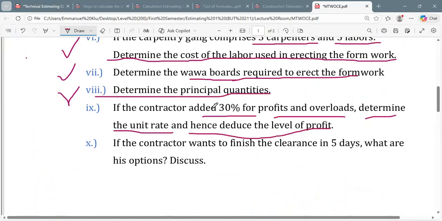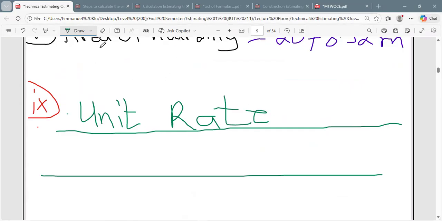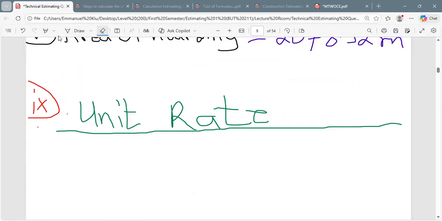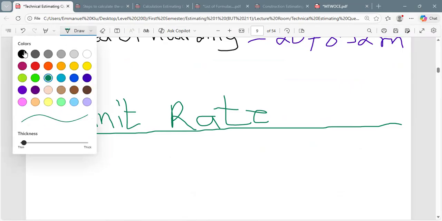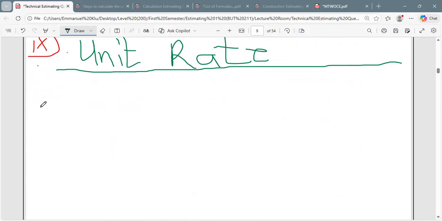So first of all, we are supposed to calculate our unit rate.